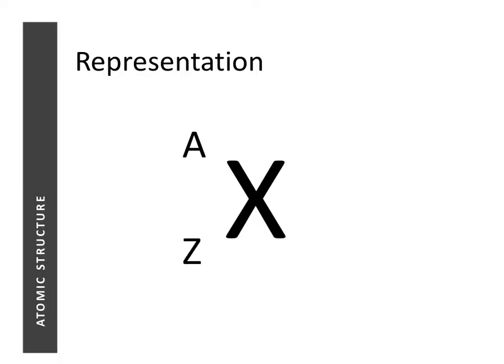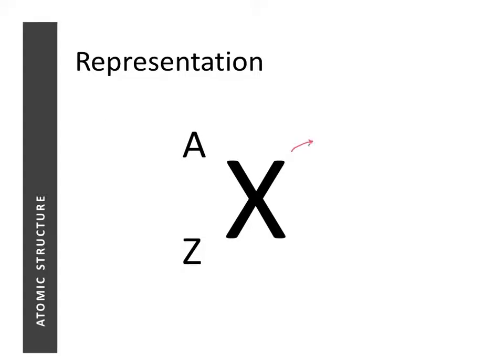Now the next very important part about this chapter is to be able to determine, when given an atom of an element, how many protons, neutrons and electrons there are in the atom. For that we need to first learn how an atom of an element is represented. It's actually represented in this way. There are three parts to the representation.